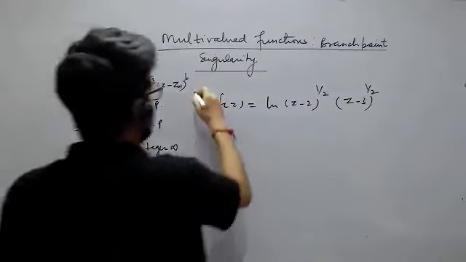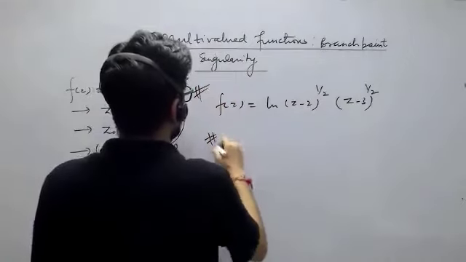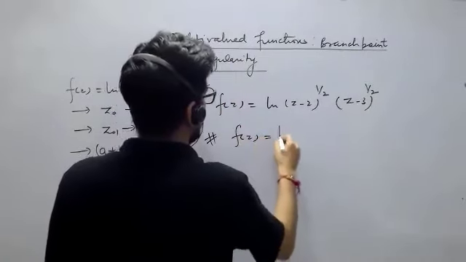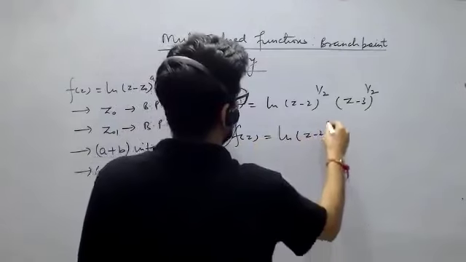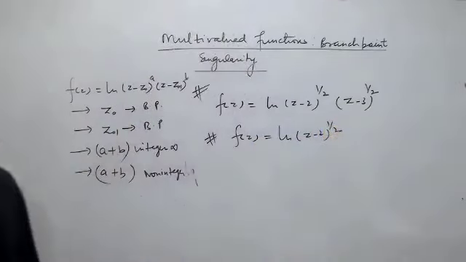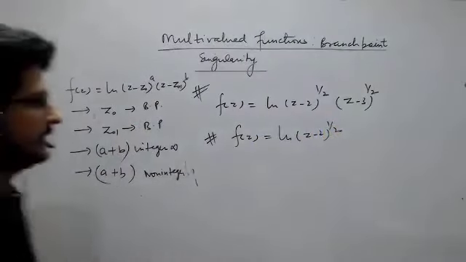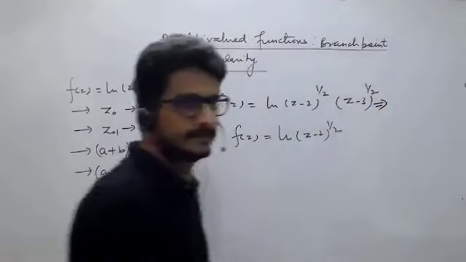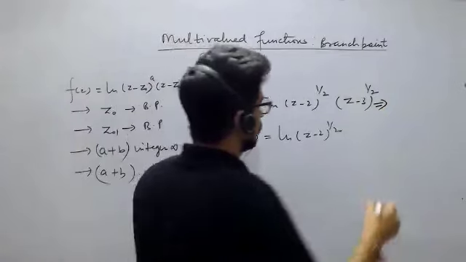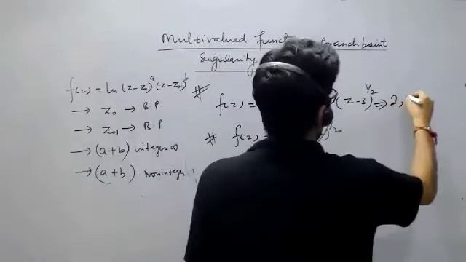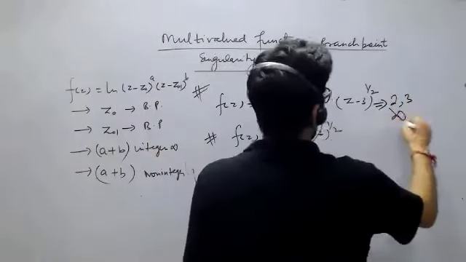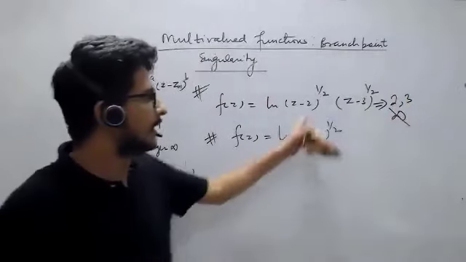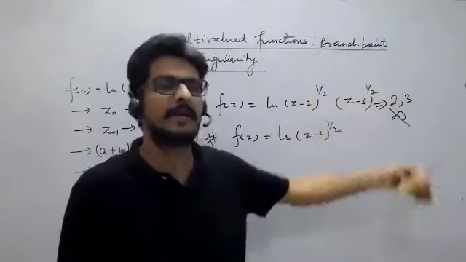And second example is f of z is log of z minus 2 to the power half. So in this case, what are the branch points? 2 and 3. And infinity will not be a branch point because half plus half will become an integer.